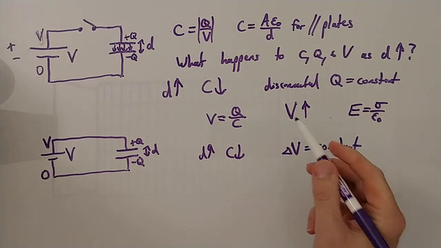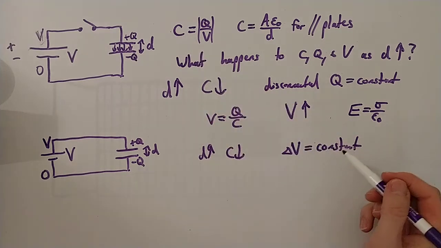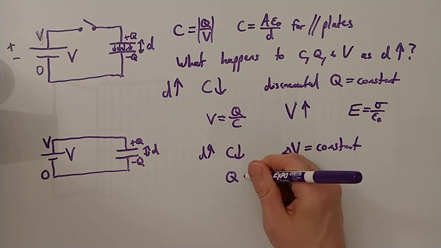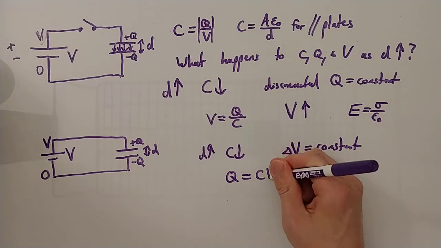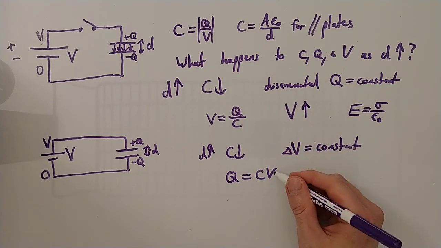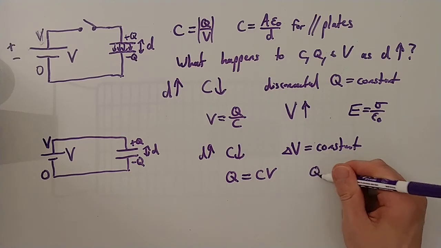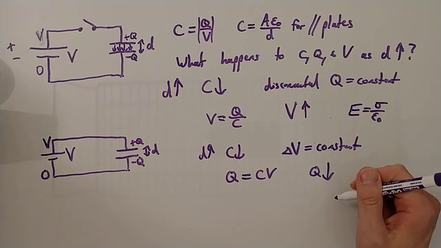Well, now we see that if the capacitance is going down and delta V is constant, the Q must be C times V, right? And if V is constant and C goes down, then Q also is going to have to go down.